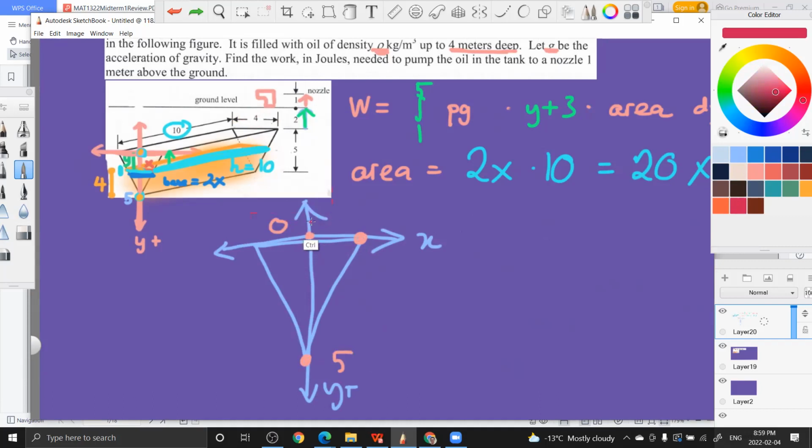That means the distance from here to here is 2, so this point is 2, right? In fact, I can write it like this. This is (2, 0), and then this is (0, 5). Does that make sense? Also a very important part.